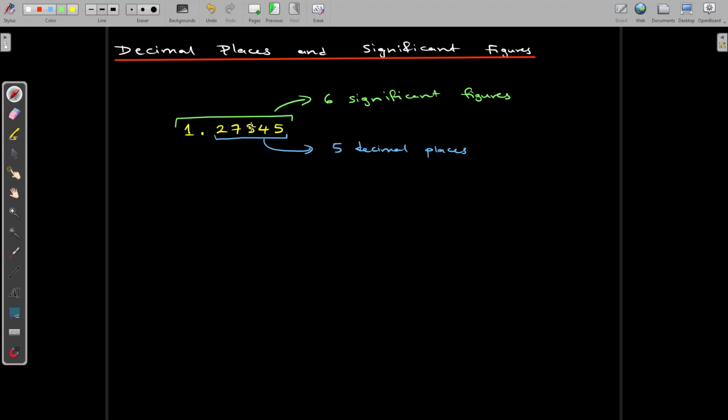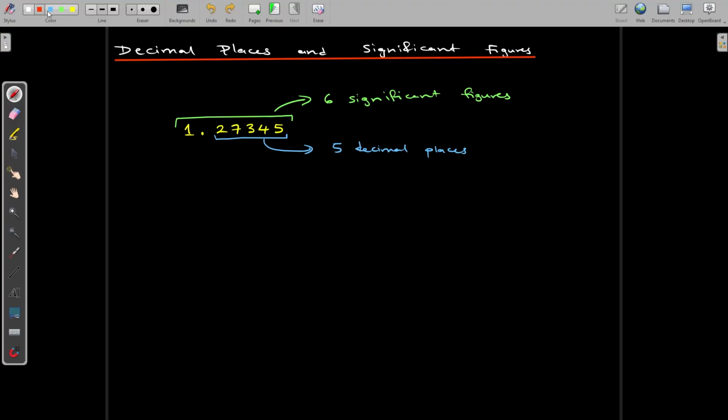If we replace the 3 with a 0 here, the 4 and 5 would still be significant. And even this 0 here would now be significant because it falls between two significant figures. So there are a few rules that govern significant figures, and we will be getting through them shortly.